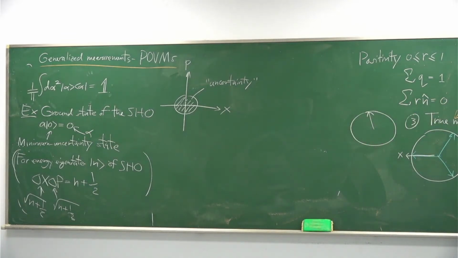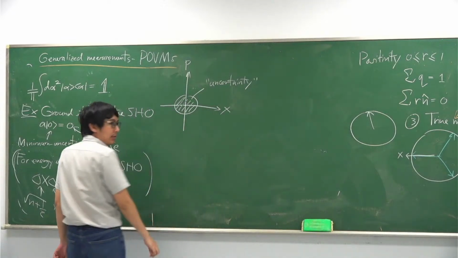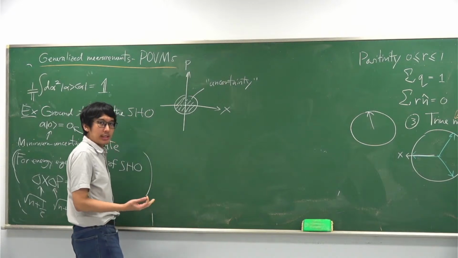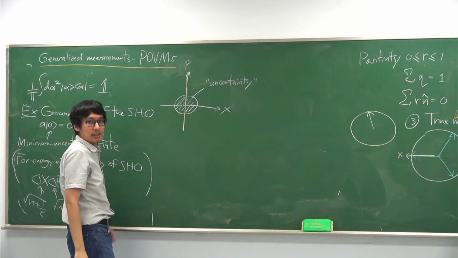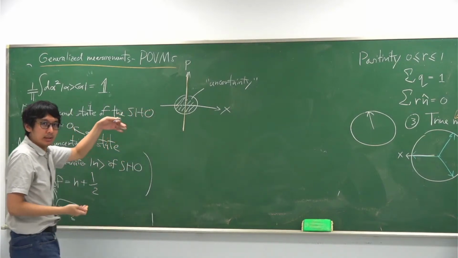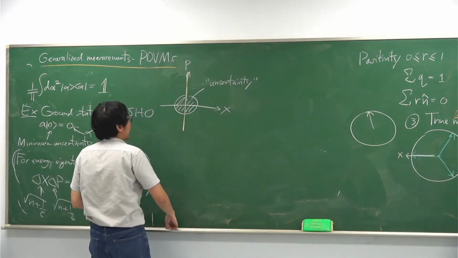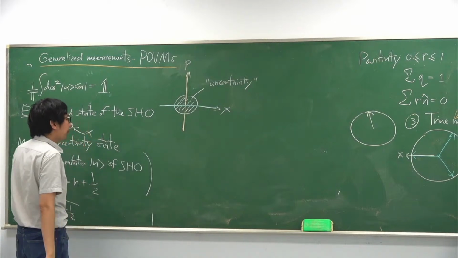Whereas if I have an eigenstate of x, the position eigenstate, the uncertainty would be something more like this. It has infinite uncertainty in the momentum. Or if I have an eigenstate of p, then it's something like this.